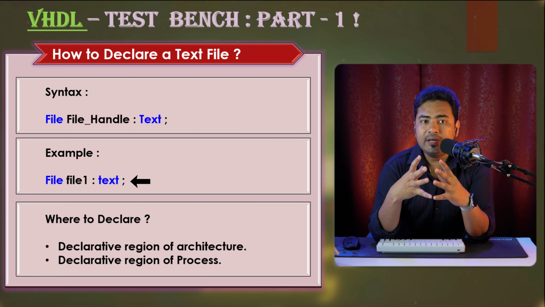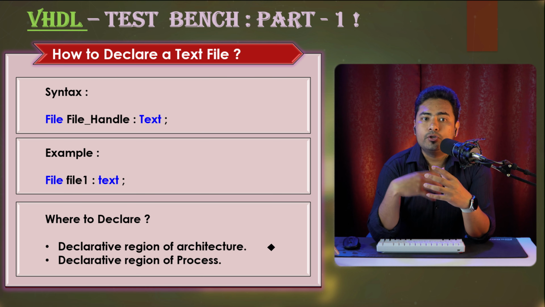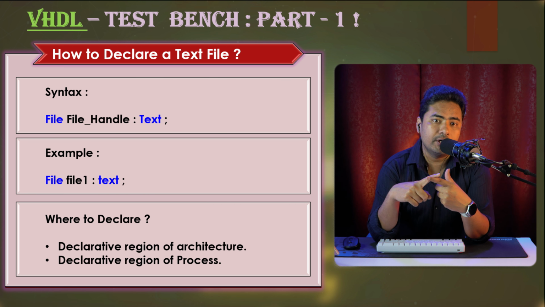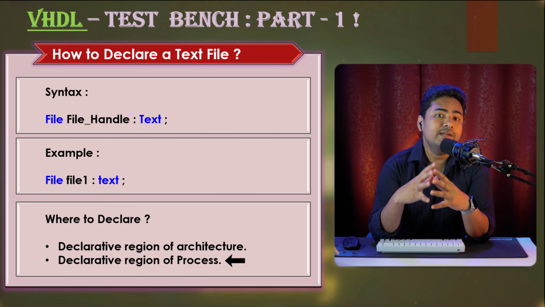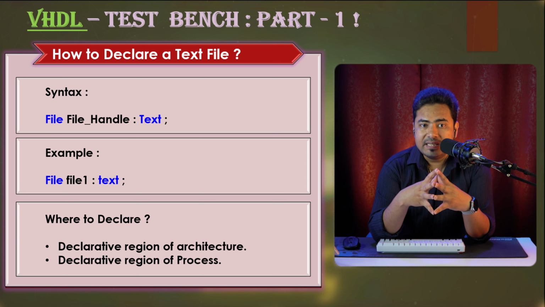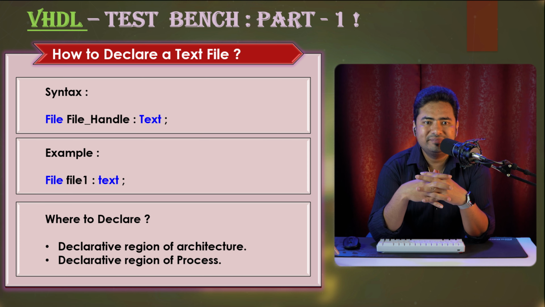This is an initial step or a prerequisite, you can say, and we need to declare it either inside the declarative part of the architecture, meaning between the architecture statement and begin statement, or you can declare it inside the declaration part of a process block, meaning between the process statement and begin statement.